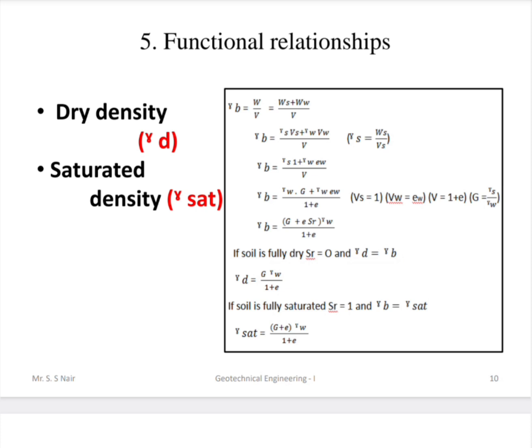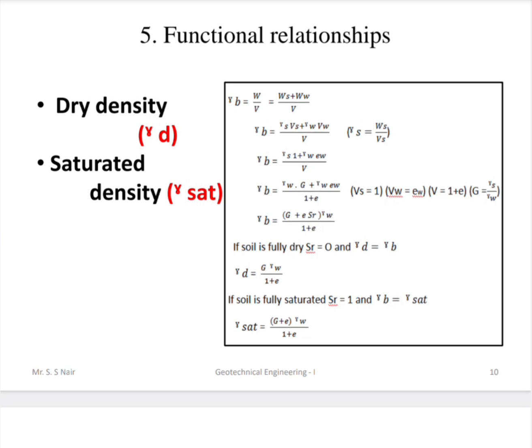As per the diagram, we know volume of solid is 1 and volume of water is EW. And we also know that specific gravity is density of solid divided by density of water. So using this diagram and formula, we are getting bulk density as G plus E SR, times gamma W, divided by 1 plus E.